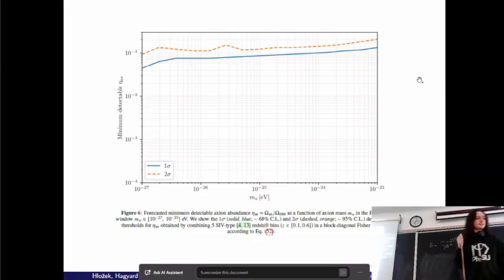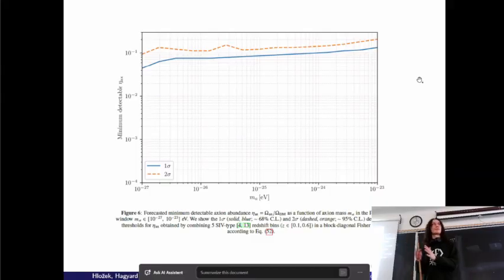I think the takeaway from the project is that the study that this was based on did not use nonlinear power spectra to model these observables, and their mass window was a lot less constrained. It was between 5%, as I recall, to 100%. But we were able to constrain that to about 9% to 20%.